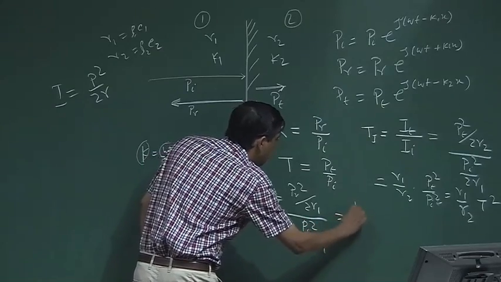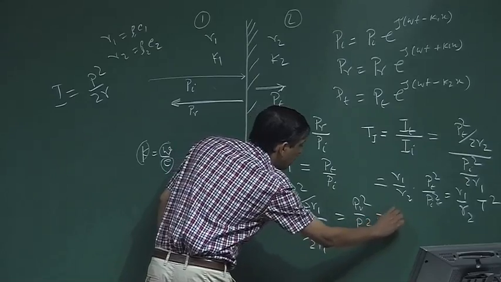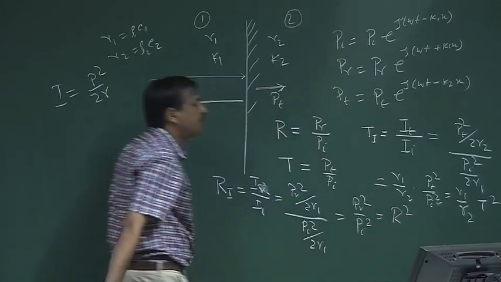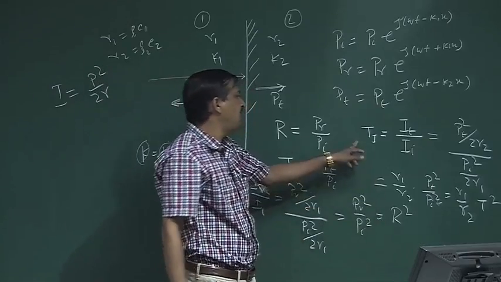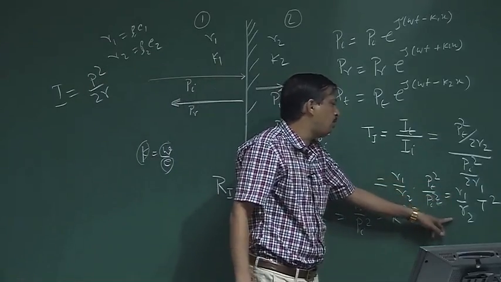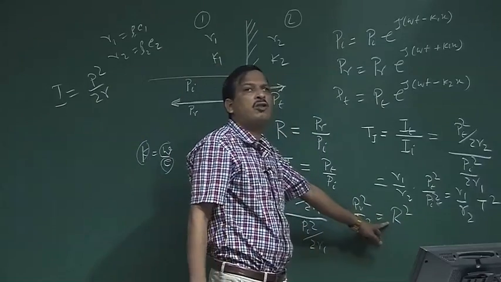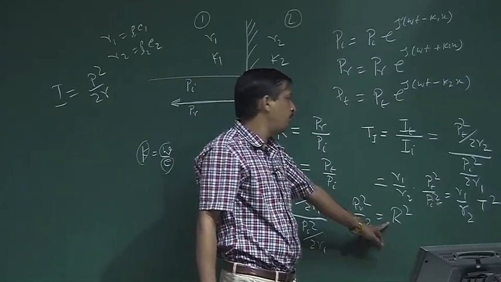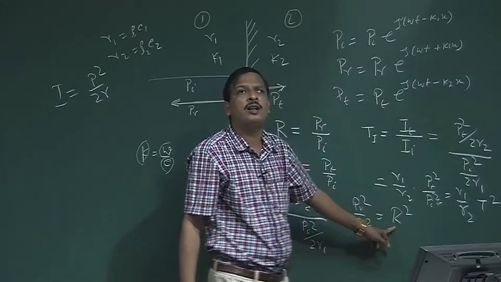So it is PR square divided by Pi square, which is R square. So Ri is R square and Ti is r1 by r2 into T square, where T is the transmitted coefficient of the pressure and R is the reflected coefficient of the pressure.